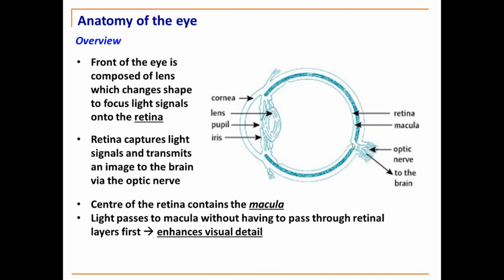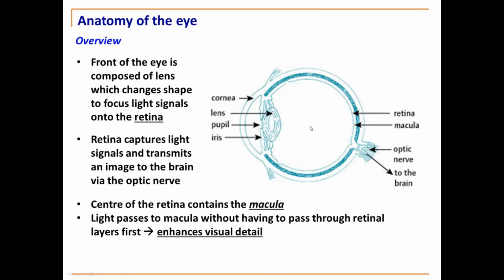The center of the retina has an area called the macula, and the light passes to the macula without having to pass through the retinal layers first. That enhances visual detail. So this is the macula, and you can see this little white region all the way around. This has a variety of nerve cells in it that we'll talk about later, so bipolar cells and ganglion cells.